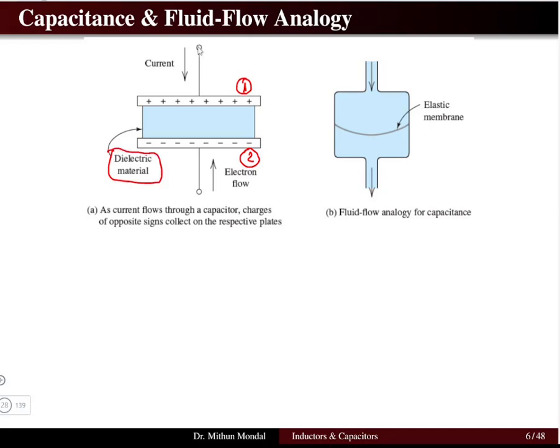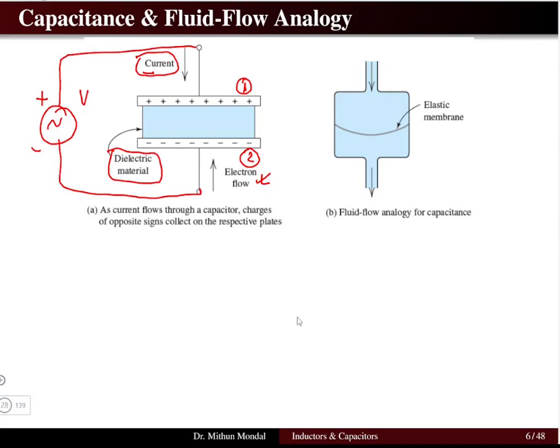Now if these conducting plates are connected to a voltage source, there will be a flow of current. This will be the positive terminal and this the negative terminal, and current flows from higher potential to lower potential. You also know that the electron flow is opposite in direction to the current flow.